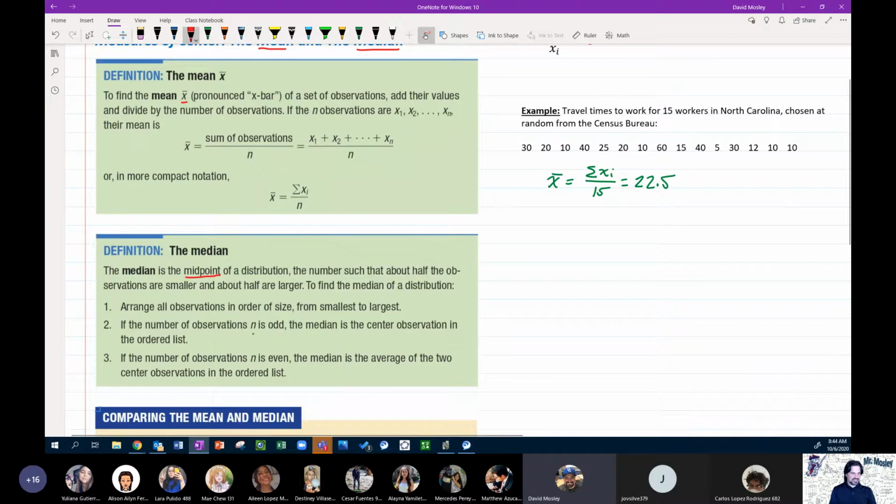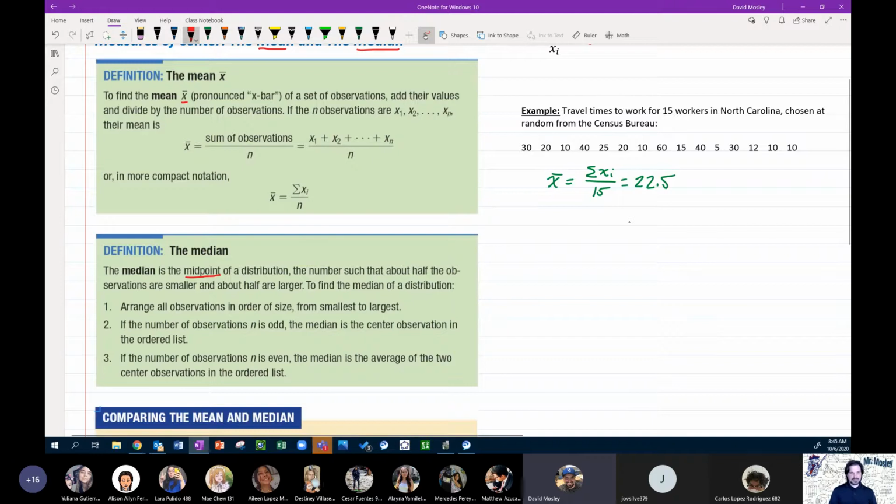If the number of observations n is odd, the median is the center observation in the ordered list. If n is even, the median is the average of the two center observations in the ordered list. This is hopefully something that you saw in Math 1 or Math 3. But again, the median is the middle. Put it all in order, it's the middle observation.